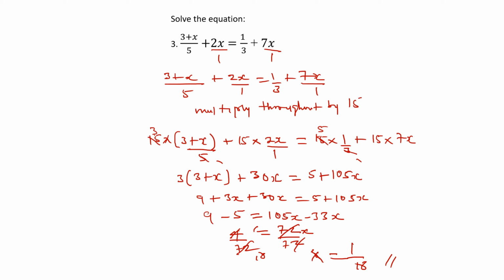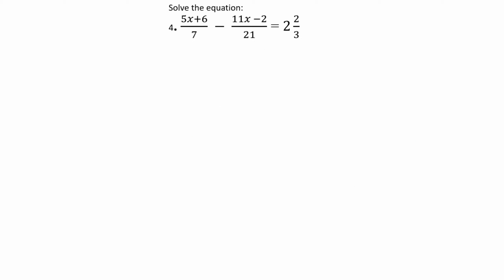So let's move on to the fourth question. We have 5x plus 6 over 7 minus 11x minus 2 over 21 equals this mixed fraction, whole number 2 over 3. So here we try again to find the LCM, but before finding the LCM, let's convert the mixed fraction to a proper fraction.